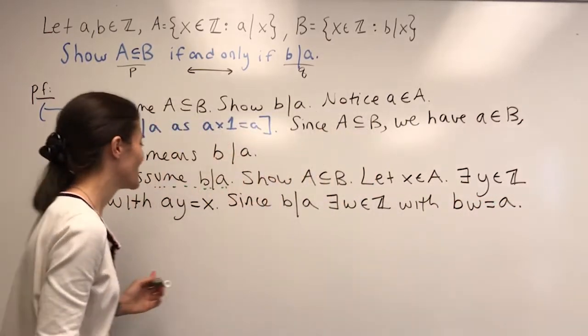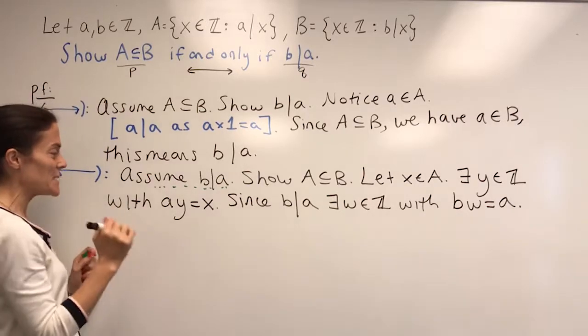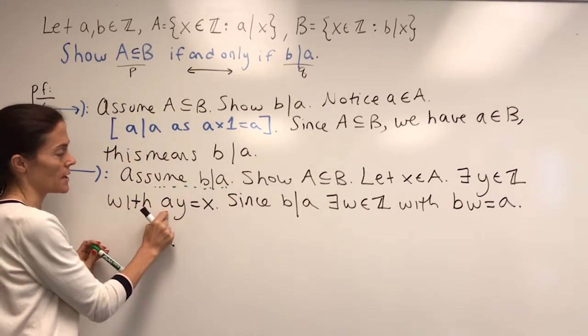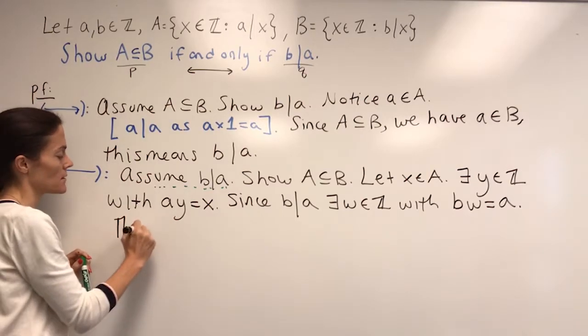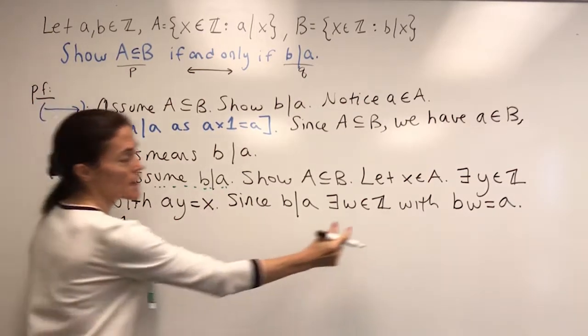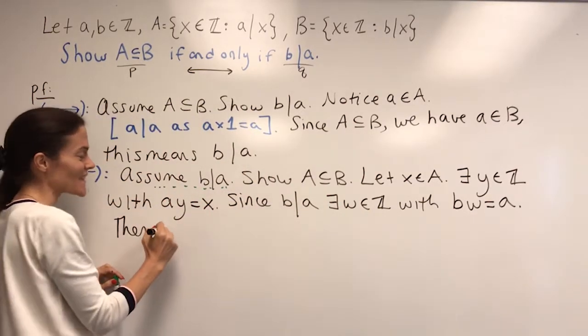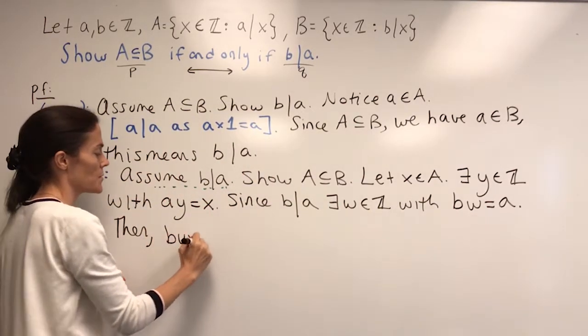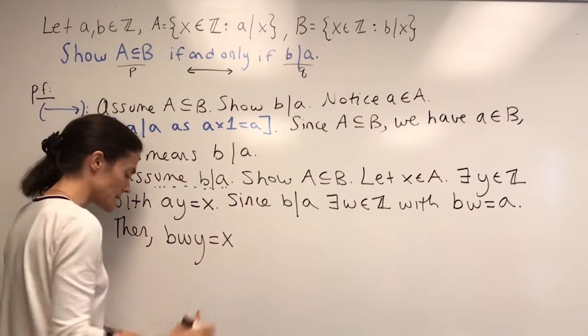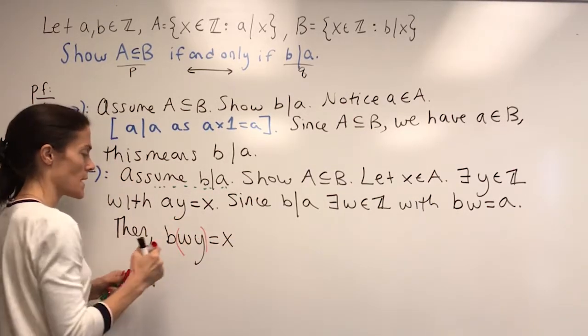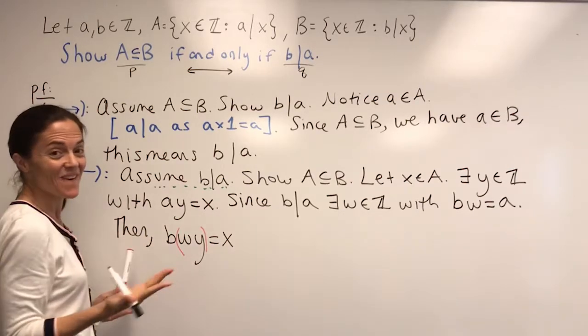And now we are in really good shape because we can just substitute bw in for a. So then we have the following. If you stick this in for a in this equation, we have bwy is x. And now watch me group this, okay? And look, this is what we want.